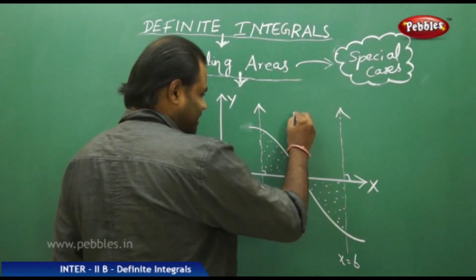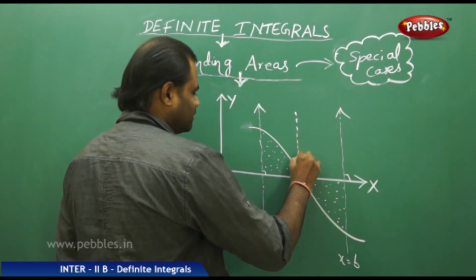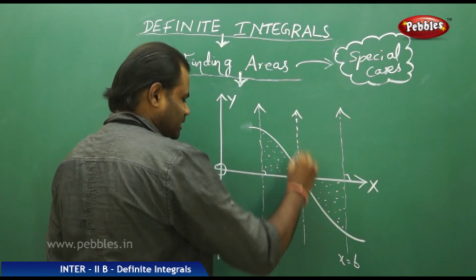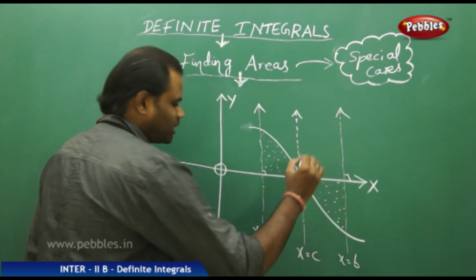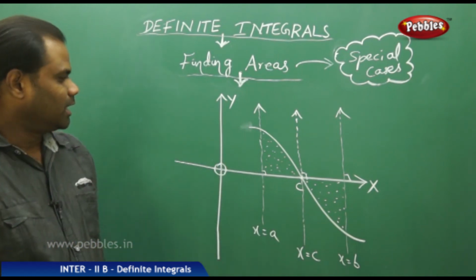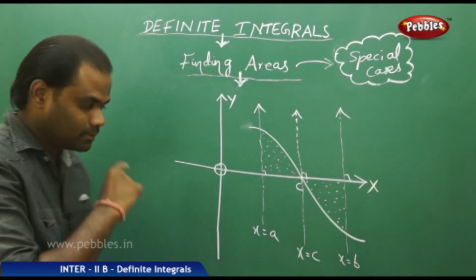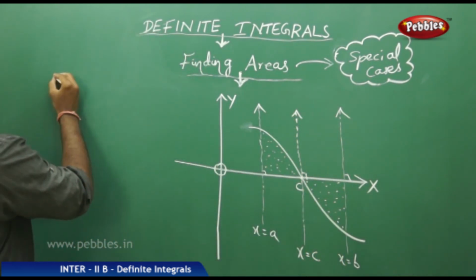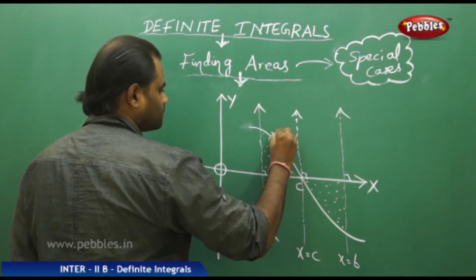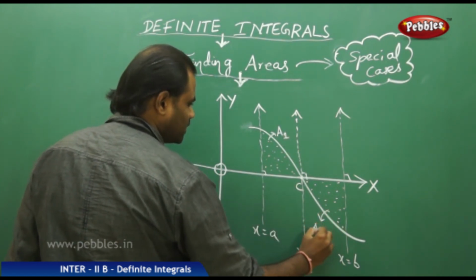I can see that there's an intercept c through which I can draw a perpendicular line. Clearly this line has the equation x equal to c because this line is parallel to the y-axis. So I try to divide my region between these two bounds and these two bounds and then add up. Initially, let this be denoted by area A1 and this be denoted by area A2.